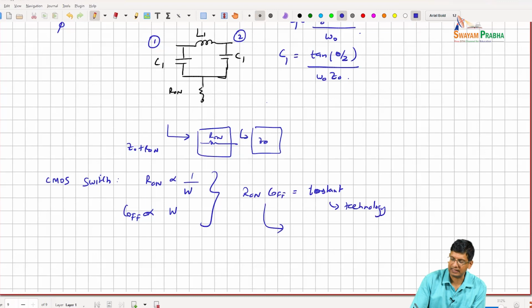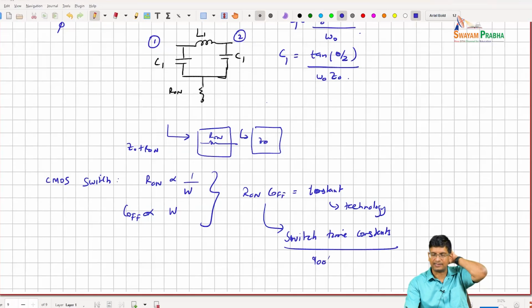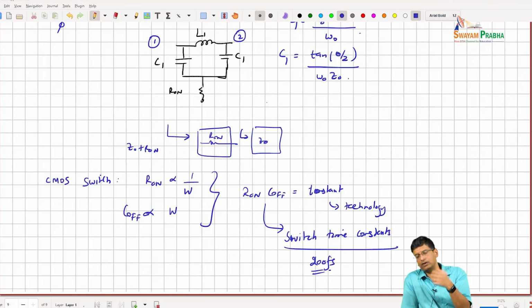So basically this is actually called exactly that. It's called the switch time constant, right? And it's of the order of hundreds of femtoseconds for CMOS, right? So let's say 200 femtoseconds, but there are SOI technologies which claim to be in the 100 femtosecond range or sub 100 femtosecond range.